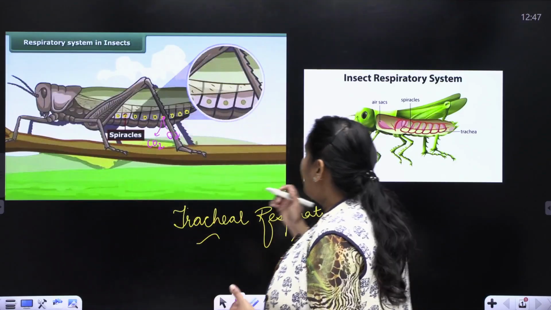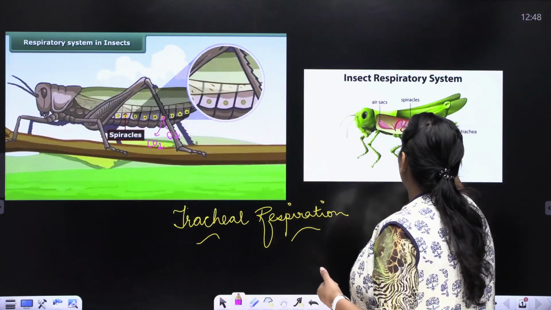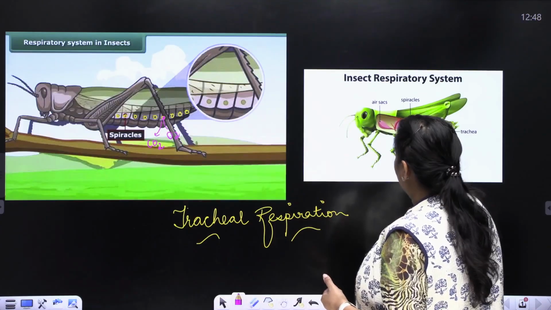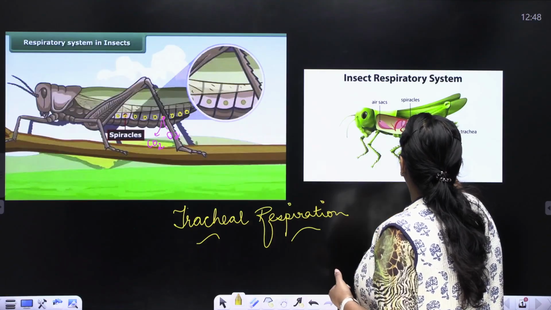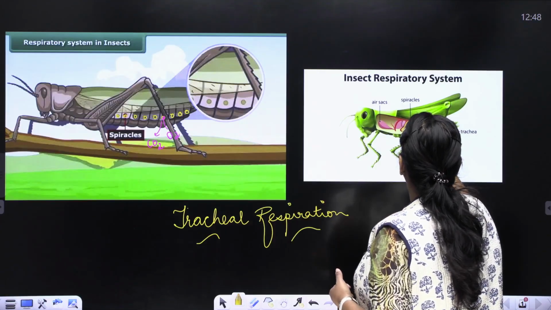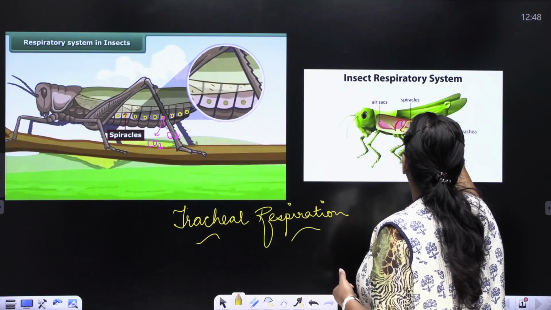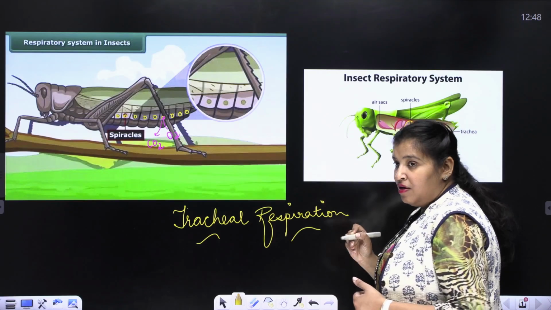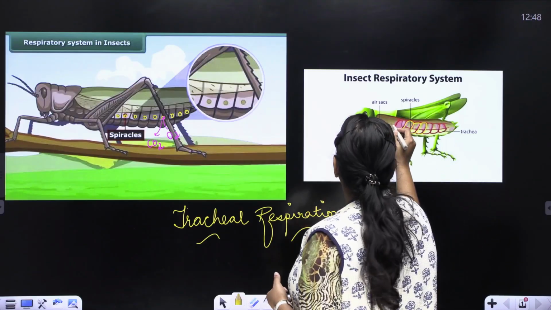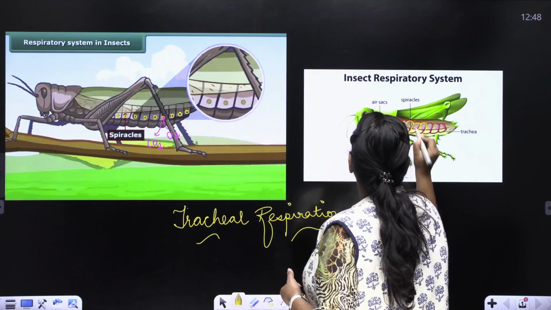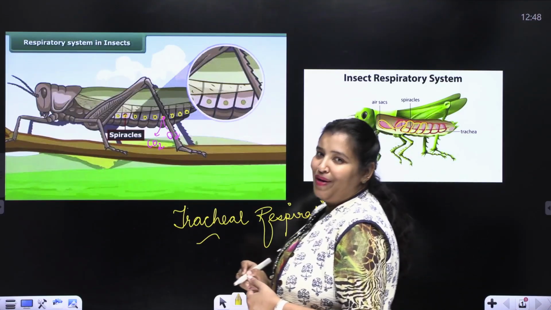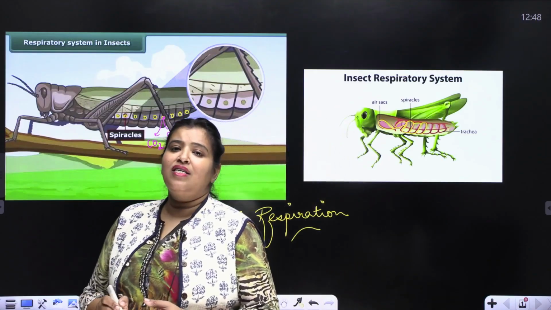All right, so now this oxygen-rich air from the spiracles travels into the tubular system, which is called the trachea or the tracheal tubes. And this trachea then leads into air sacs where the gaseous exchange takes place.